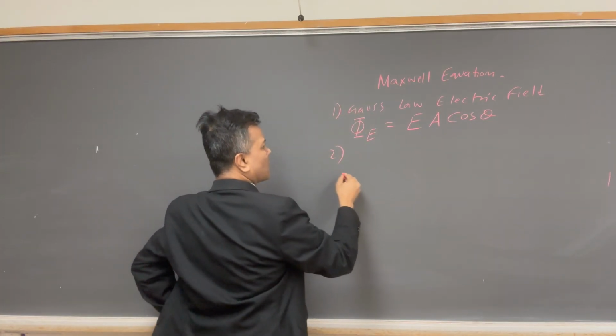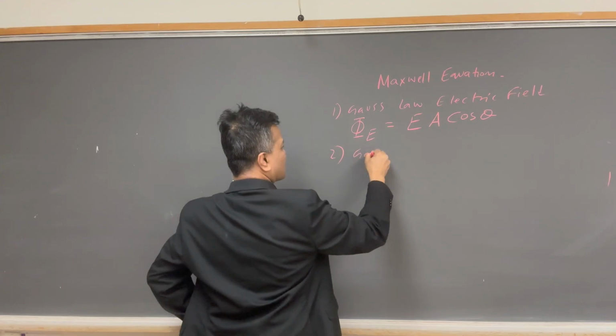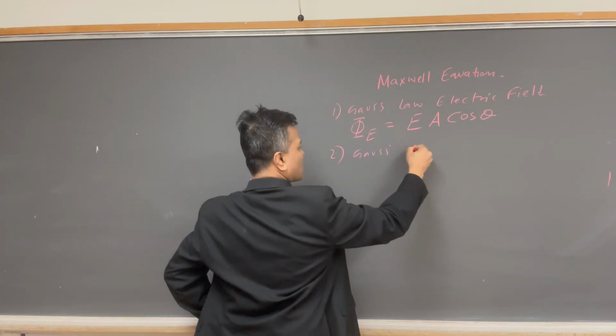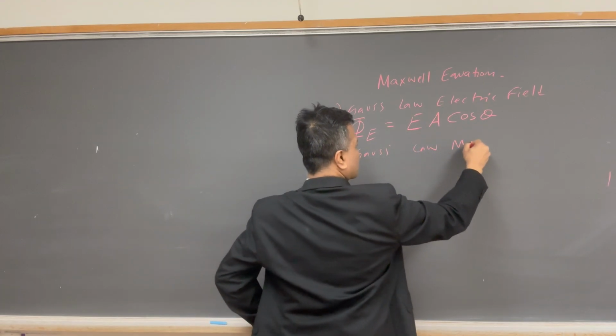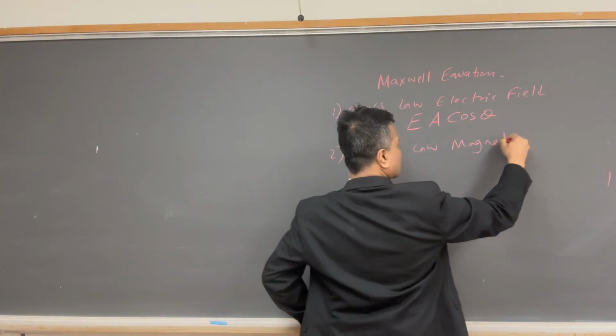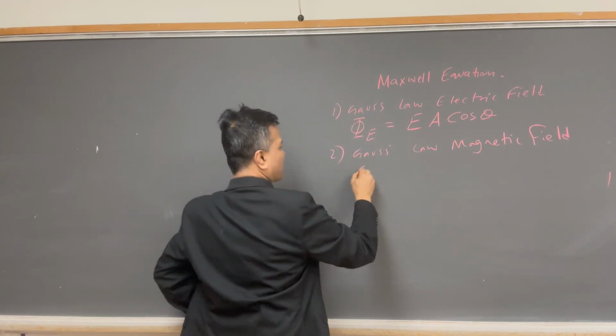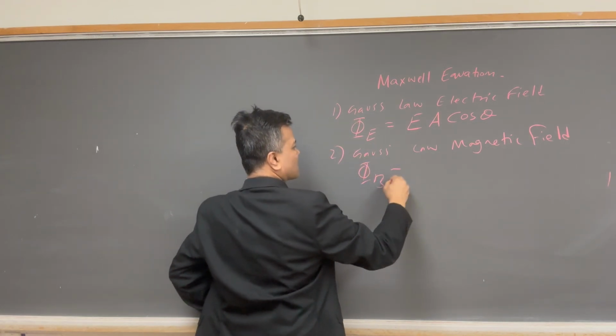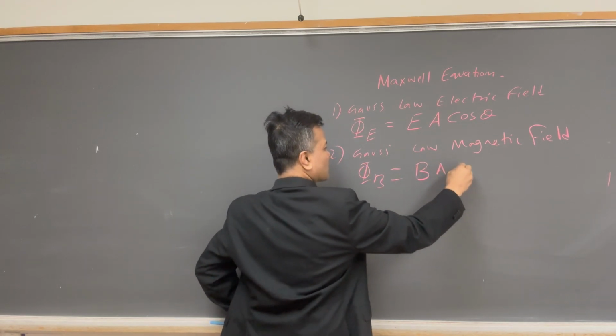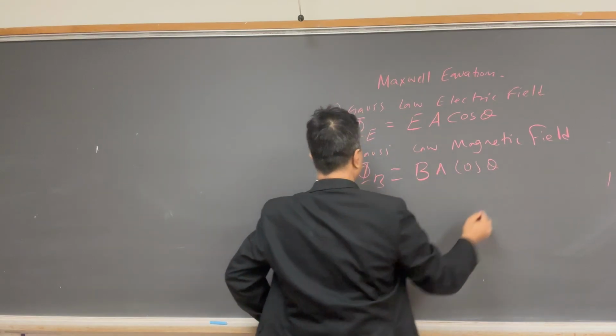Number two, Gauss law for magnetic field. Magnetic flux equals magnetic field, area, cosine theta.